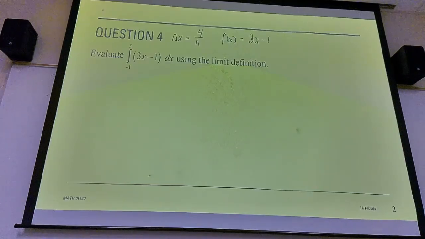Our function is 3x minus 1. It does not matter how we set up the Riemann sum. So you take the limit, it's going to converge to the same thing. So we might as well just use a right endpoint.